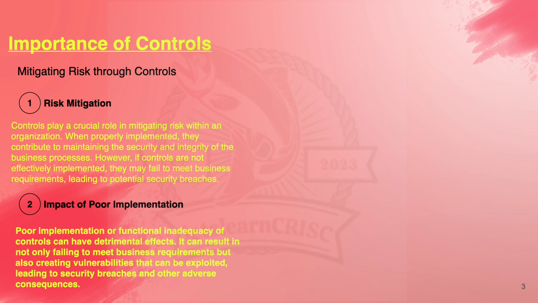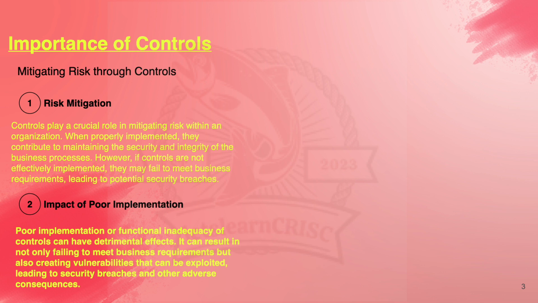If employees use weak passwords, or if the system does not enforce strong password policies, it's like having a door lock that is easy to pick. This poor implementation could allow unauthorized individuals to access important company data and cause harm.